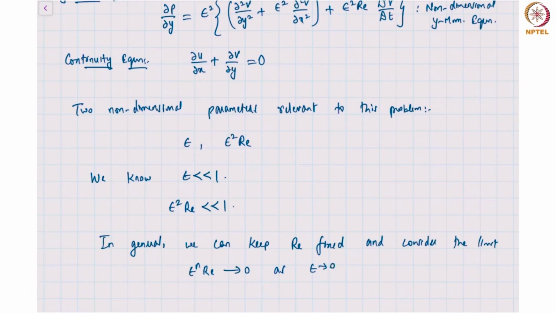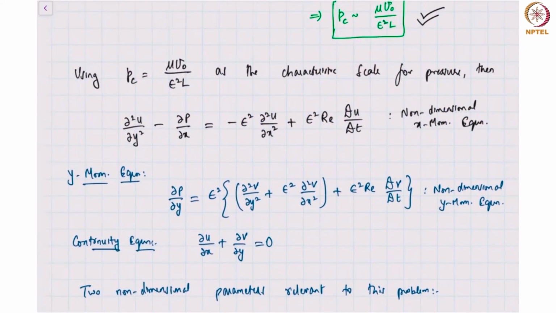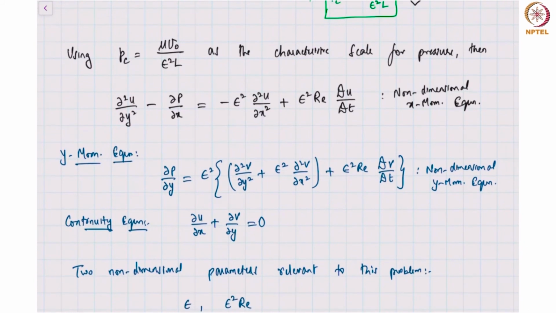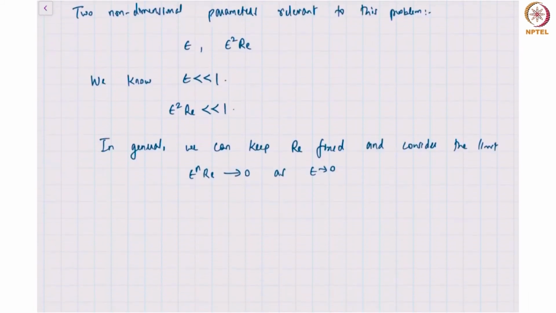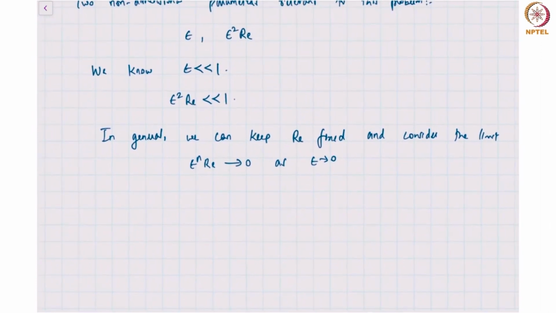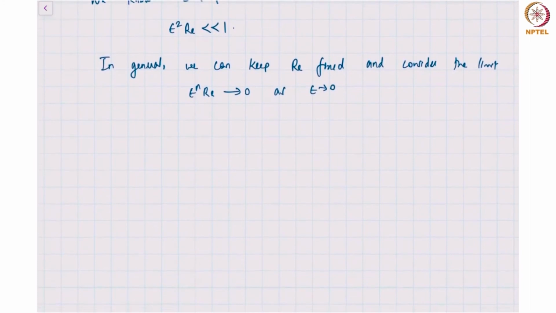So in other words, the very fact that epsilon is a geometrical parameter, when epsilon goes to 0, inertial terms drop out. Note the inertial terms in the x momentum equation appear with epsilon square Reynolds number. And similarly, the inertial terms in the y momentum equation are multiplied by epsilon power 4. Right? So, how do we now go about simplifying these equations with this? We simplify this equation by basically taking an expansion.